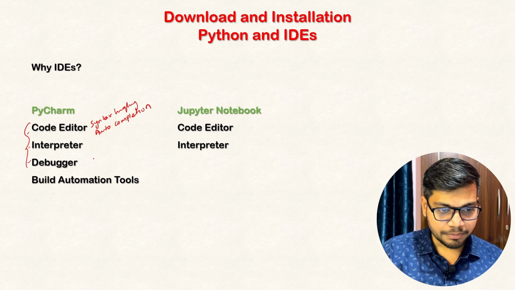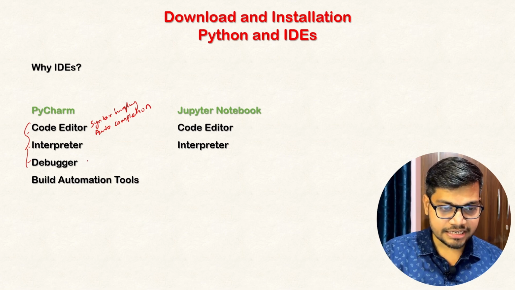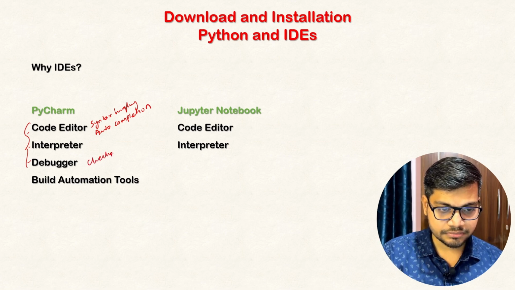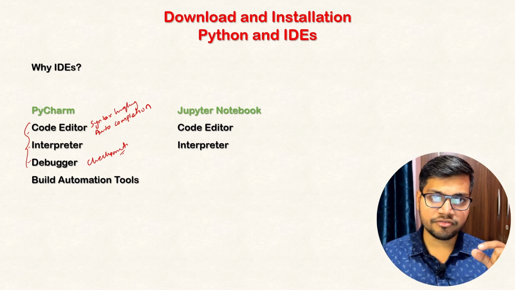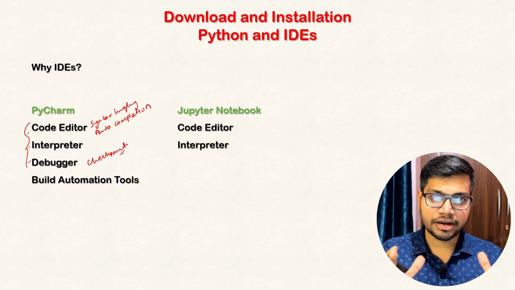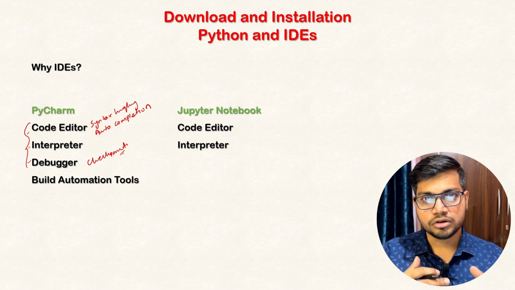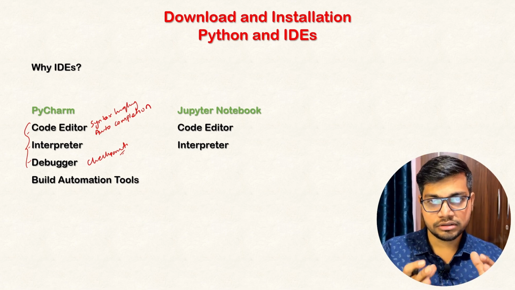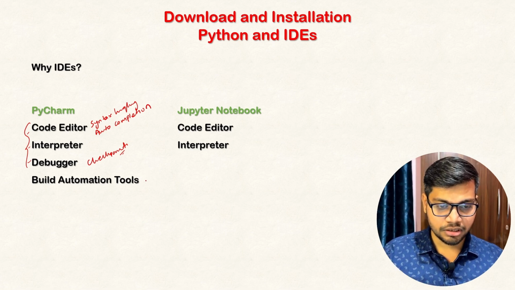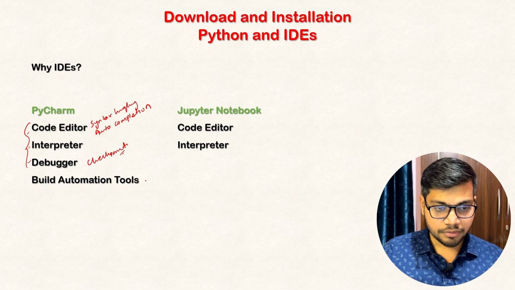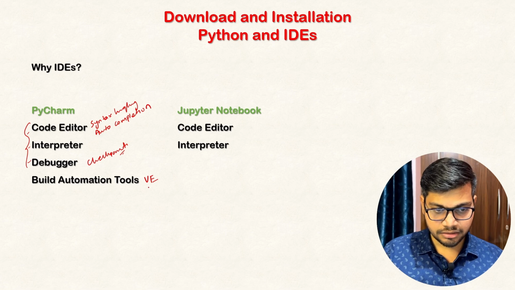Within debugger, PyCharm gives features like checkpoints. Debugging is the process of identifying errors within the code. Suppose you write a code and you want to see whether there is an error or not. The process is called debugging. And within build automation tools, it gives features like virtual environment and package management system.